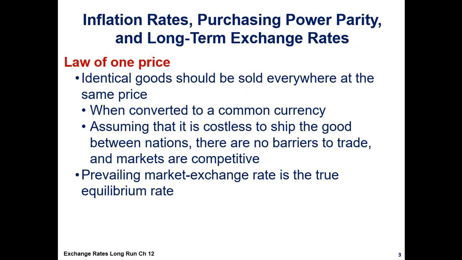The starting point for long-run determination is the idea of the law of one price. And this is an economic observation that if you have markets and you have products in two markets, usually within one country, that people will just go to the other seller if they are willing to sell the same product for less.